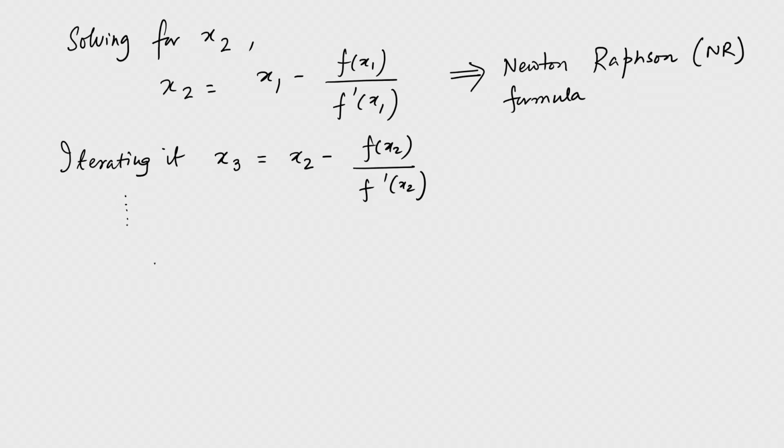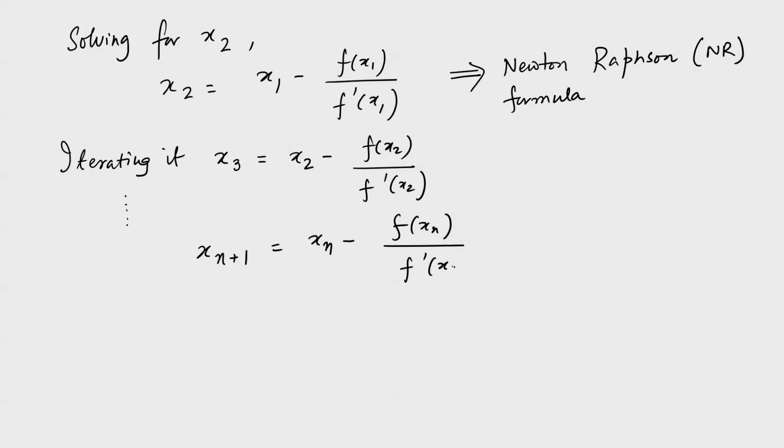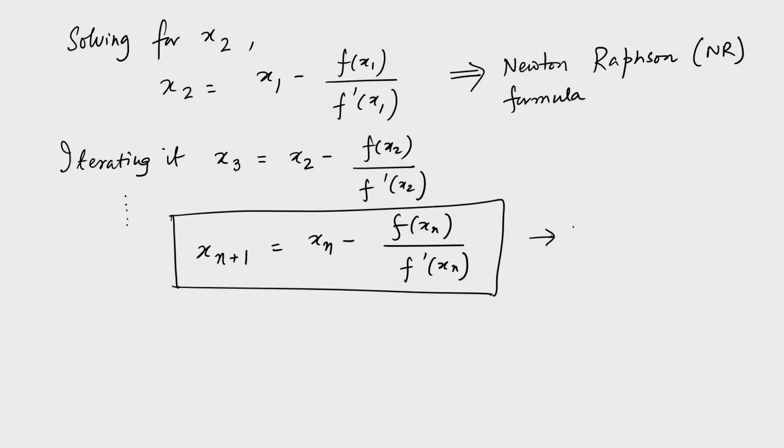So, if you iterate it, x n plus 1 is equal to x n minus f of x n divided by f prime of x n. Let us box this and we will use it as the NR formula.